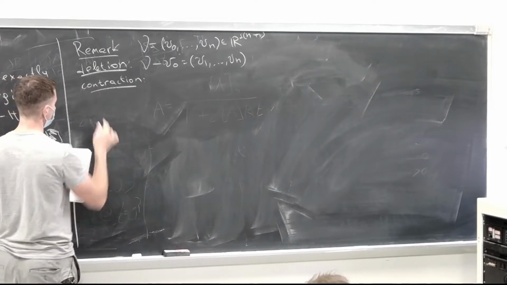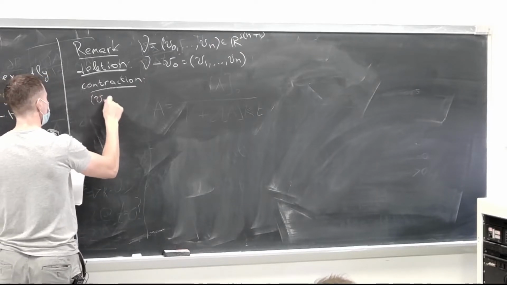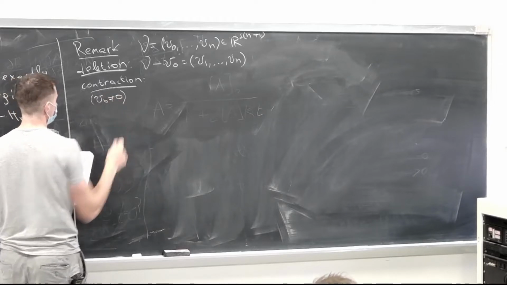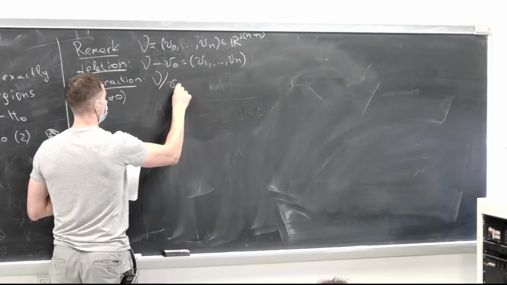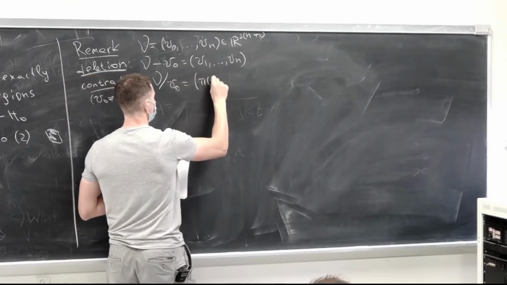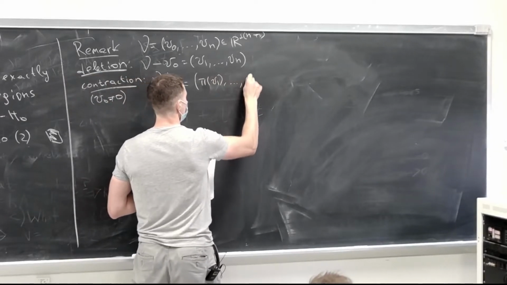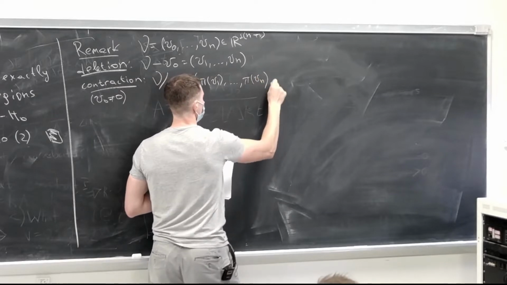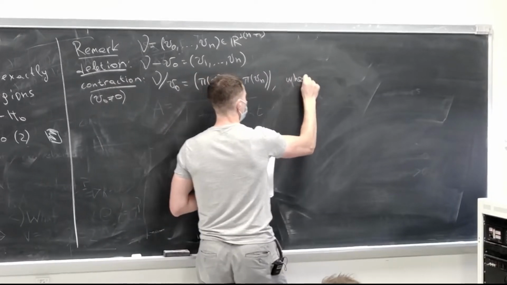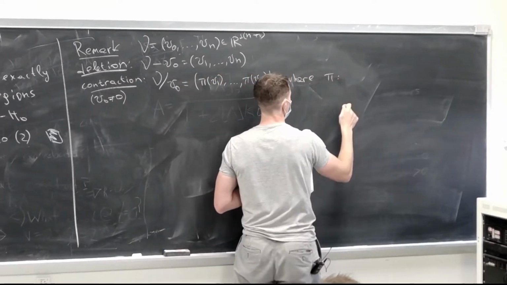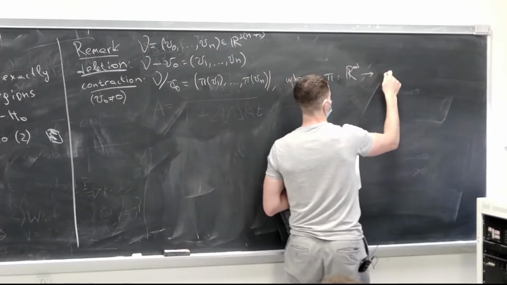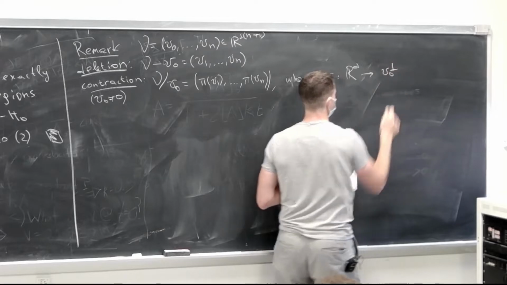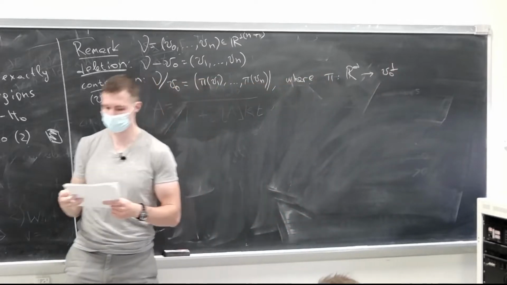Yeah, that's very nice. And here I have to assume that v0 is non-zero. Then contracting is phi of v1, etc., phi of vn, where phi projects R^d to the orthogonal complement of v0, just the orthogonal projection.